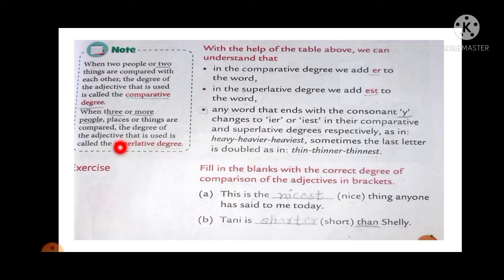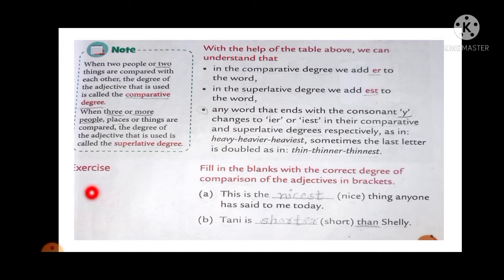So here we are talking about more than two, that is three or more than three people. At that time we use the superlative degree and we have to use -est at the end of the words. Now students, this is the explanation of degrees of comparison.